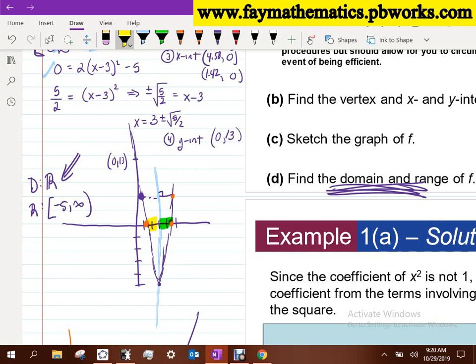Okay? But having that understanding will allow you at times to say, okay, well, maybe for some reason I'm only able to find my two x-intercepts, and I'm struggling with my vertex. Well, my vertex is halfway in between those two x-intercepts, then, right? Or maybe I'm struggling with finding one of my x-intercepts. Okay, maybe they give me one, and they give me my vertex.